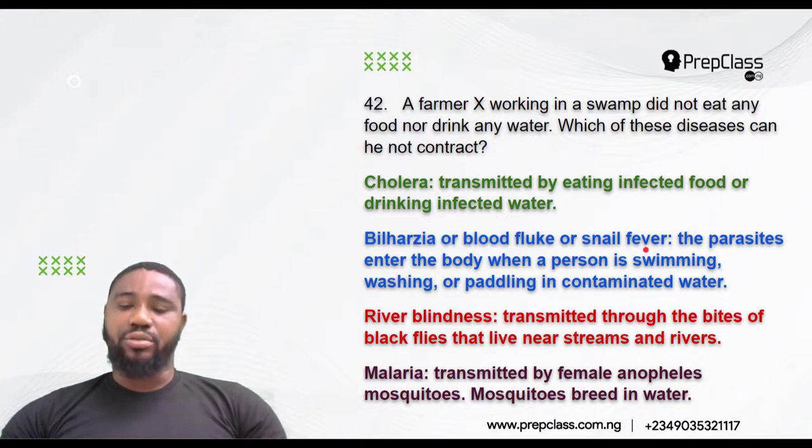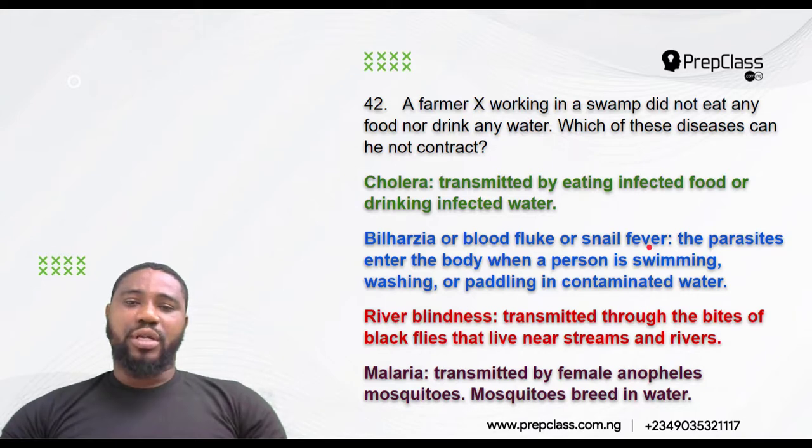So if these water snails are found in that river, and the snails have been contaminated with bilharzia parasites, if you swim in that kind of water, the parasites can enter your body through your skin, into the what? Blood vessels. And from the blood vessel, they get to the large intestine or to the urinary bladder, whereby they cause a kind of urinary problem.